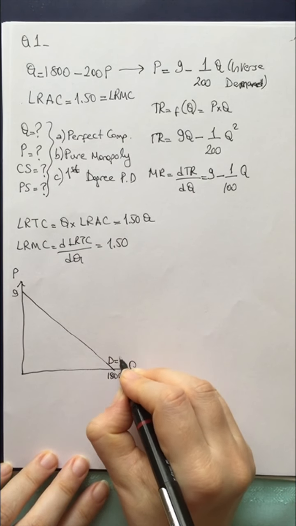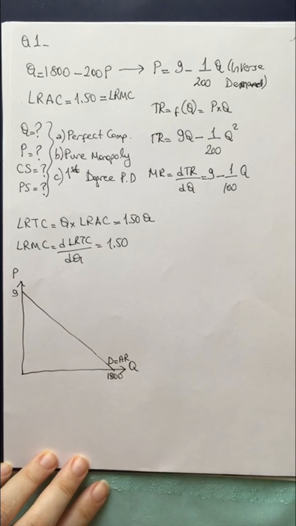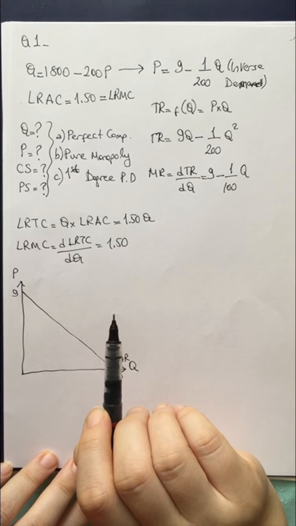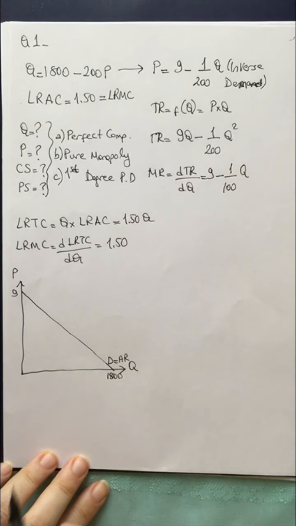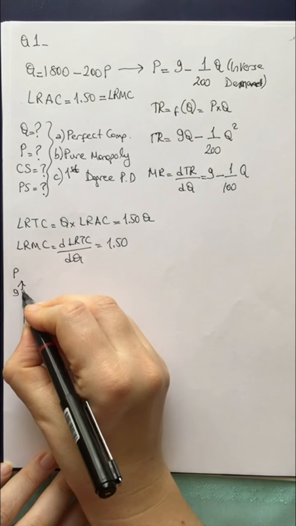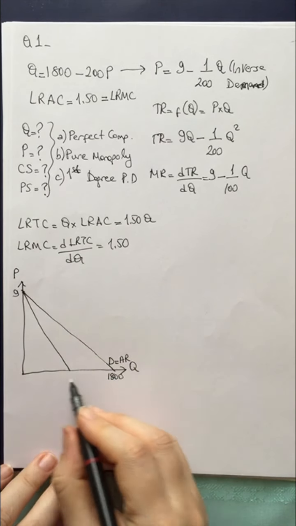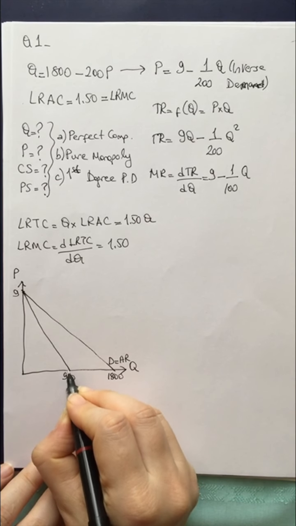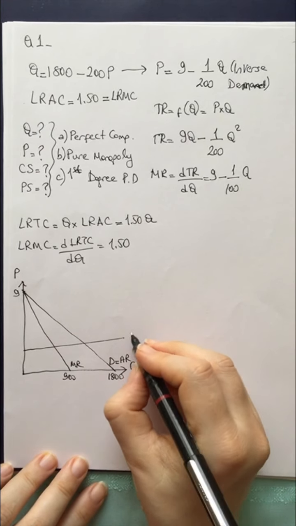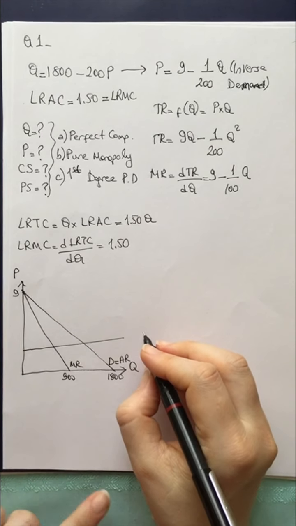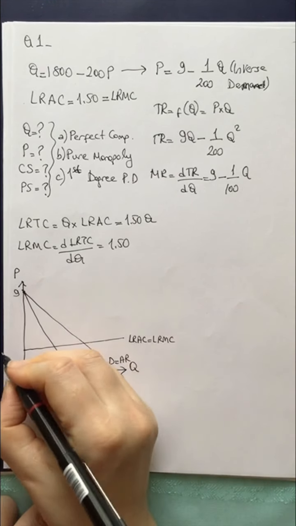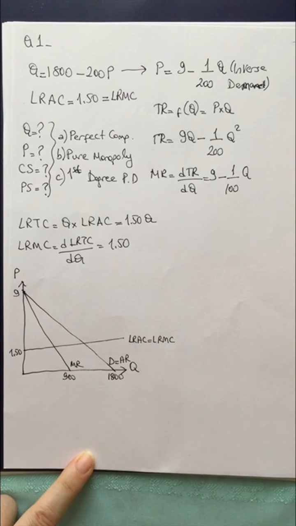This is demand and average revenue, and we also add marginal revenue, which is 9 minus 1 over 100Q. If Q is 0, marginal revenue is 9. It starts from the same point, and the horizontal intercept is just the middle of the demand function, 900. That is the marginal revenue, and we are given a horizontal fixed long run average cost and long run marginal cost, which is equal to 1.50.